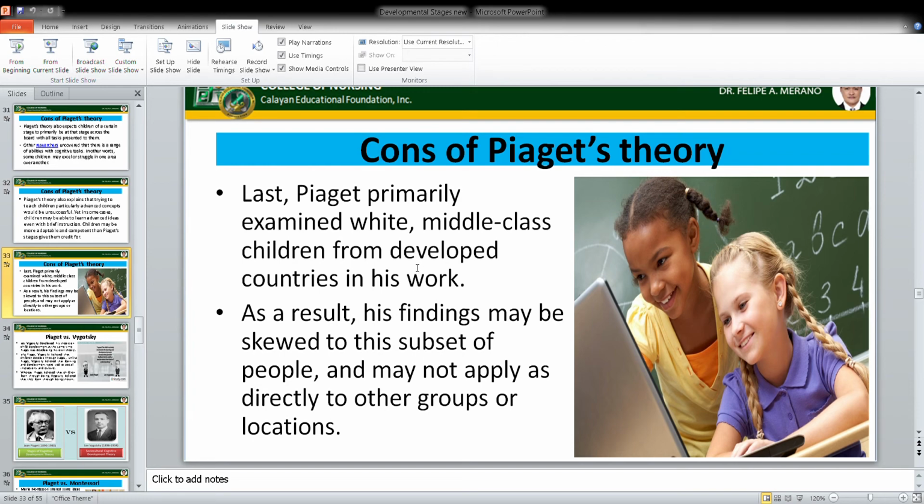He did not include underdeveloped countries and black people. So it means it only focuses on a certain group and therefore it might not be applicable to other groups of people.